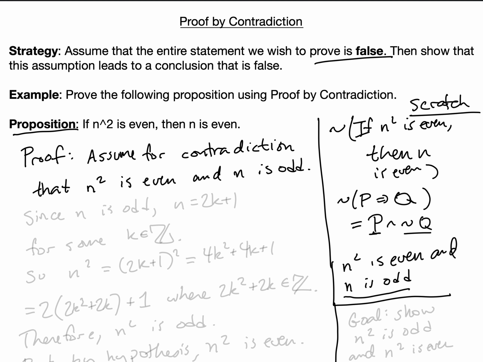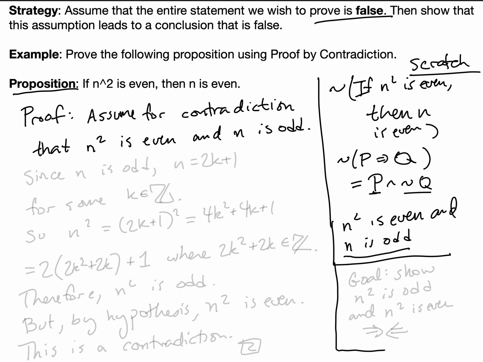If we're able to show that, then we would have that n squared is even and n squared is odd, and that would be a contradiction. That is our goal. We often denote a contradiction by two arrows pointing at each other. So let's try that. How could we do that?